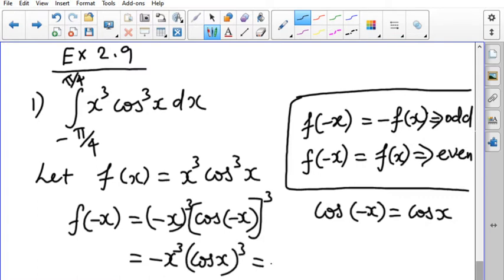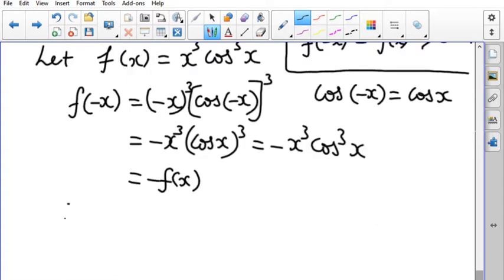So we write this as minus x cube cos cube x. The function f of x has become negative. So this is minus f of x. Therefore f of x is an odd function.